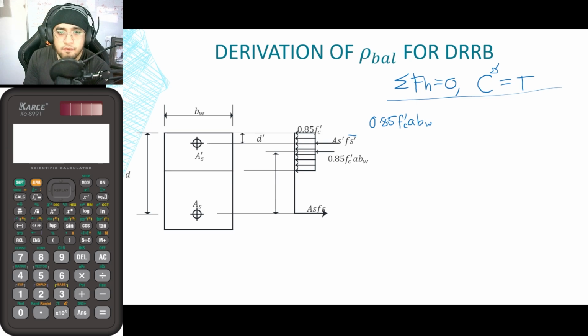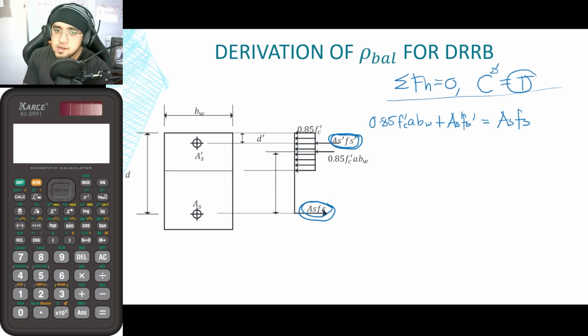And since we have a new entity for compression called As' fs', we would now be adding it here, plus As' fs'. So this is now equal to the total tension force, and according to our stress diagram, the only tension force is As fs. So this is equal to As fs. As' fs' indicates compression, and As fs is for tension.